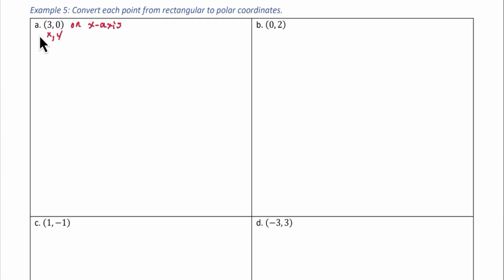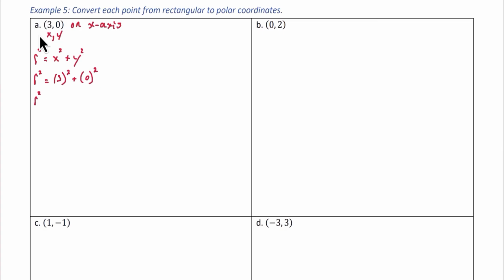Let's start by finding r. That's always the easy part. R squared is x squared plus y squared. X in this case is 3. Y is 0.